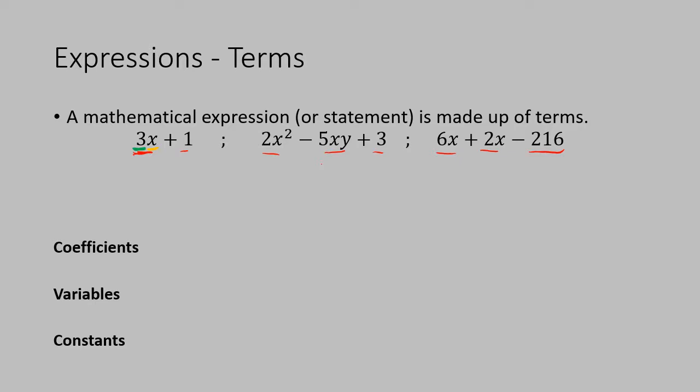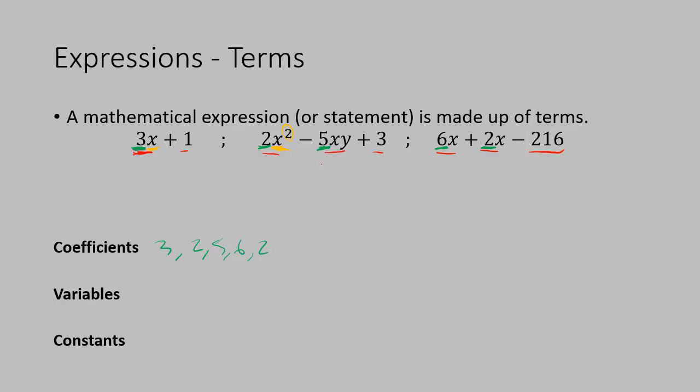And the variable, like x squared, where x is the variable, can have an exponent. It can be raised to some power. In this case, it's being raised to the second power. So a coefficient in this list would be the 3, the 2, the 5, the 6, the 2. These are the numbers that are multiplying into the variables. So 3, 2, 5, 6, and 2.